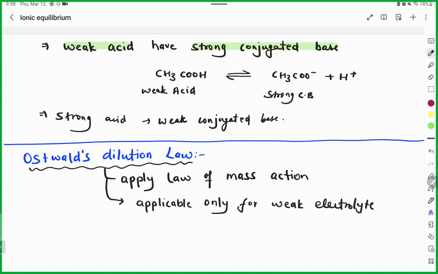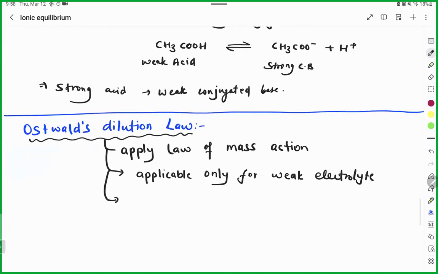Correct. Third thing, if you have weak electrolyte solution and you do dilution, because of the dilution, degree of dissociation or ionization will increase.